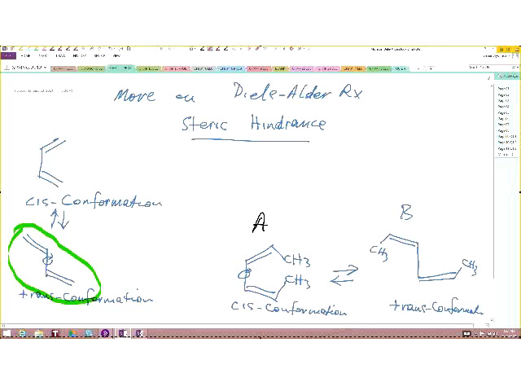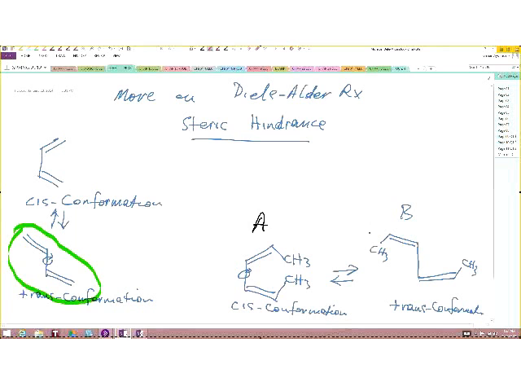This molecule prefers to be in the trans conformation. This molecule here is going back and forth. It prefers to be in the trans conformation because when it is in the trans conformation, these two methyl groups do not bump into each other. And that is what we mean by steric hindrance.